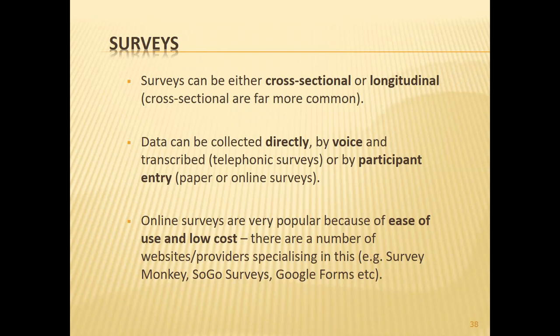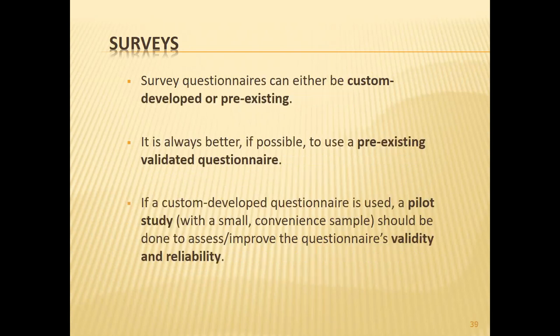So there is some cost there. Things like Google Forms, as I said earlier on, is free. So less and less you will find paper surveys being done. Most people are going the route of online now because it's low cost and it's easy and it's convenient for participants as well.